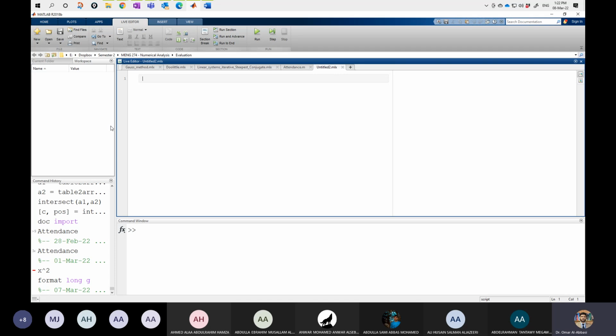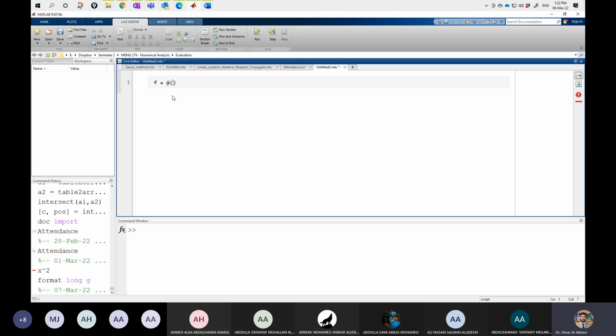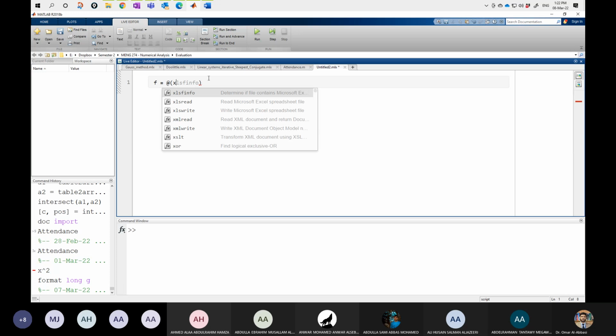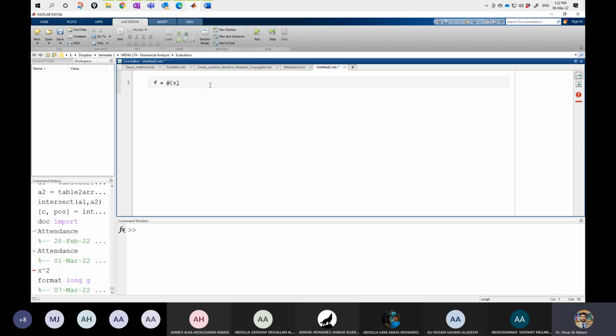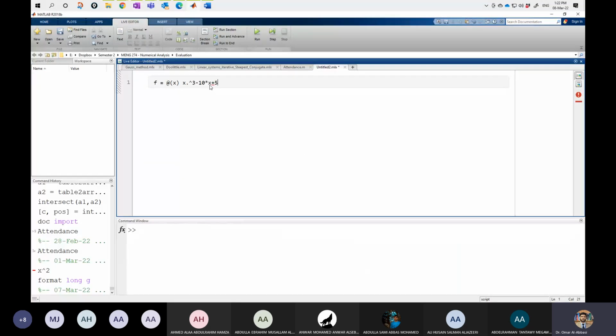Okay, that's the function. F is a function of x, and it says x cubed plus minus 10 times x plus 5.